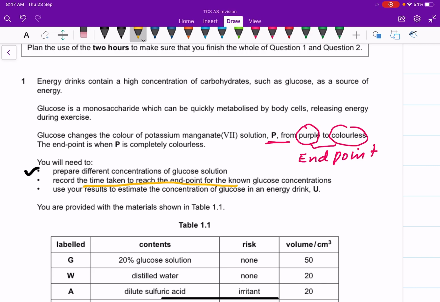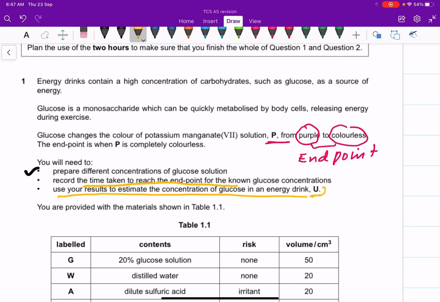Use your results to estimate the concentration of glucose in an energy drink U. So there are two things that you have to do. You have to record the time taken for each glucose concentration to reach the end point, and then you are given a solution U with an unknown concentration, and you have to estimate the concentration of U.